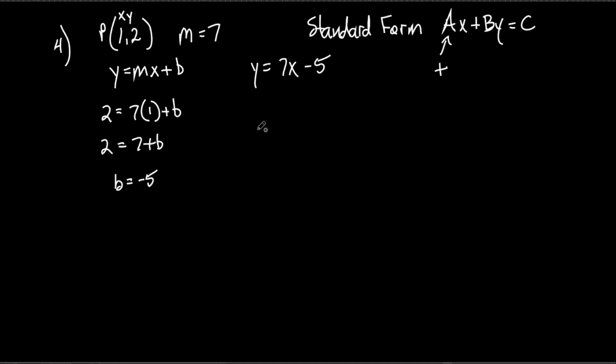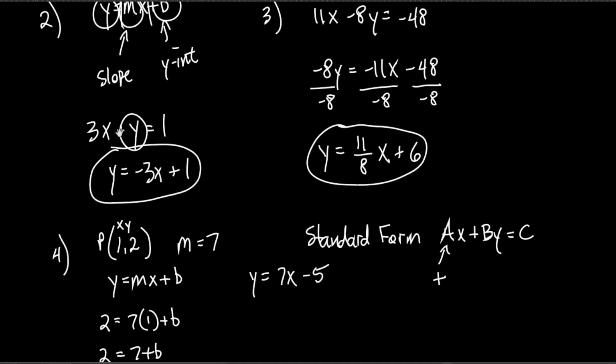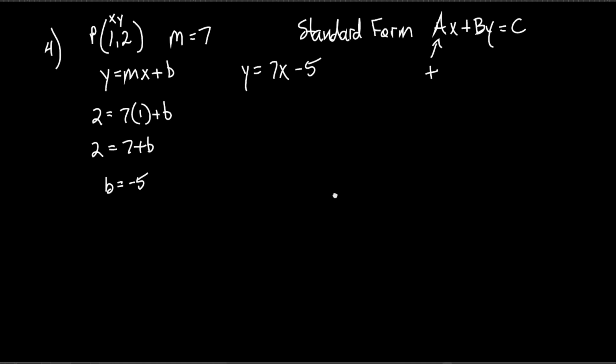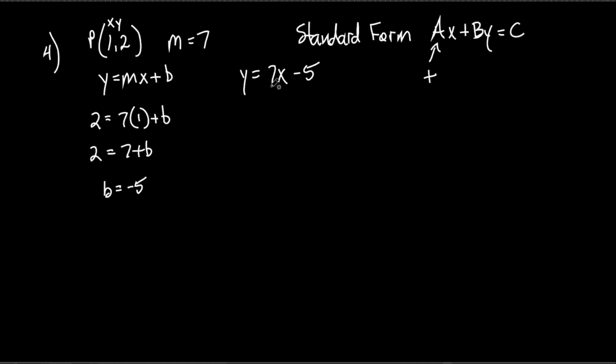I mean, look, we did it in the other problem, right? I subtracted a 3x from both sides, right? I subtracted an 11x from both sides, right? I can do that. You with me on that? Here we go. All right, but it looks like you're confused on this. I can see it by your expression. So let's just move everything to the left. If I moved everything to the left, let's move the 7x to the left.